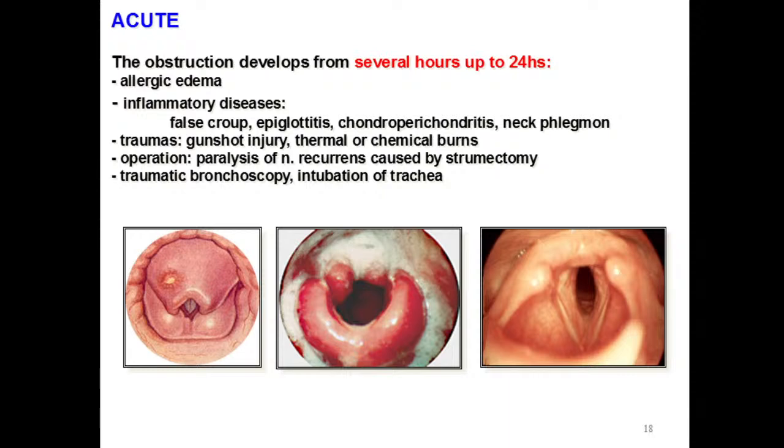It may be edema due to some inflammatory disease, such as false croup, epiglottitis, perichondritis, neck phlegmon. It may be traumas: gunshot injury, thermal or chemical burns, or a kick in the projection of the larynx.